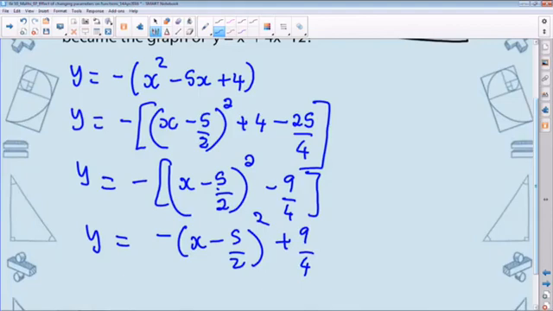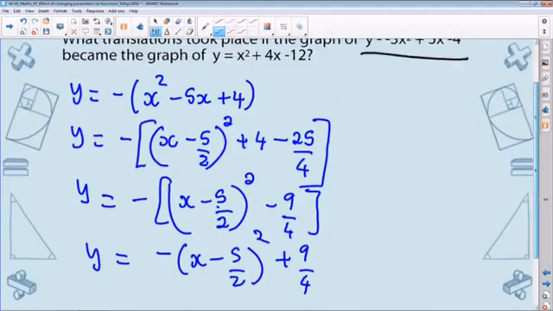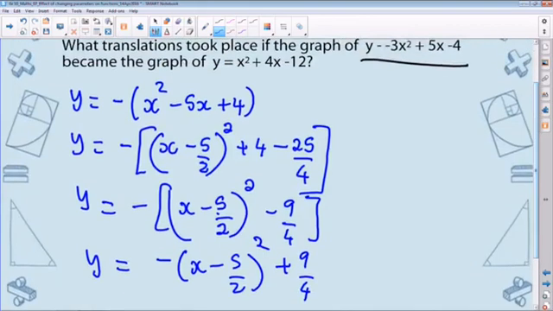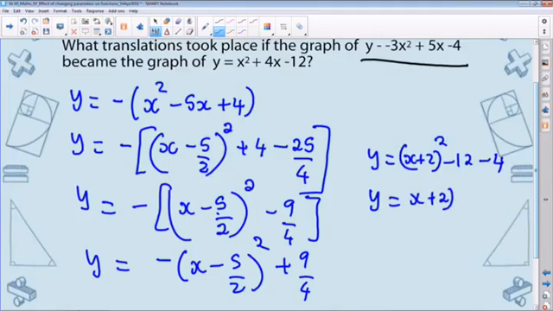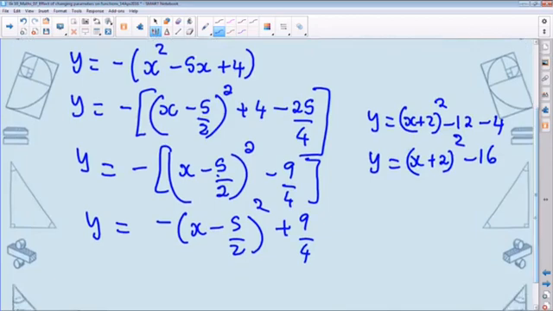All right, now then we look at the next graph. What's going to be the turning point? You have y = (x + 2)² − 12 − 4, which is (x + 2)² − 16. Now you need to compare the turning points.